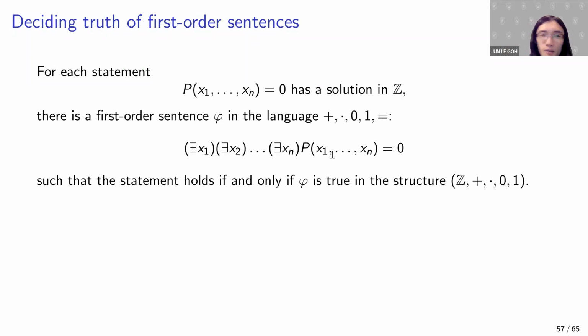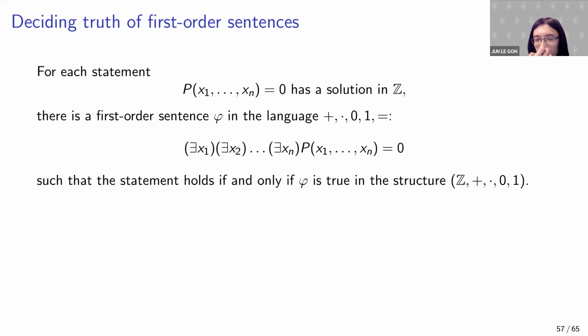And this first order sentence holds in the structure Z with these operations if and only if this given equation actually has a solution in Z. So mathematically, there's very little going on here. This is just a switch of setting.